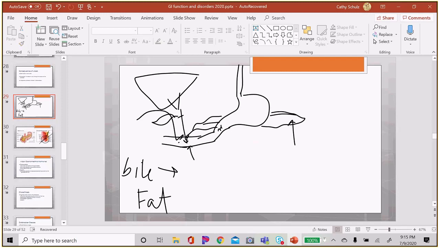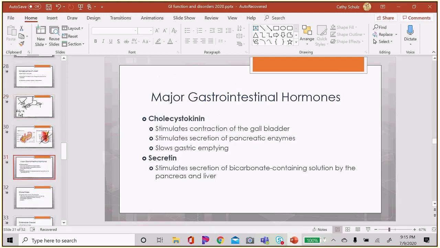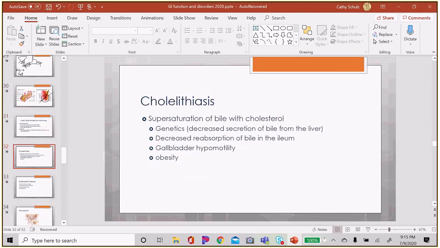We want the gallbladder to contract to help get the bile into the small intestine, and we want secretin, we want bicarb to protect the small intestine from the stomach contents. So we're getting the first part of the small intestine ready to accept food.